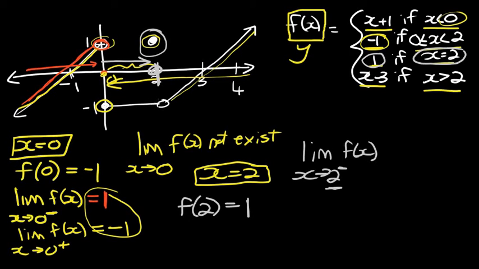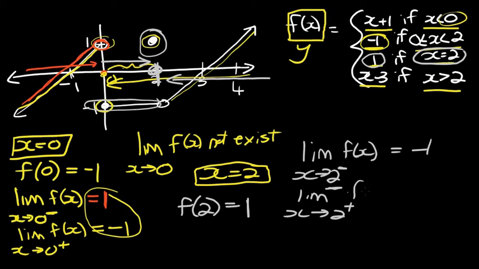Then the corresponding y value will be negative 1. And the limit as x tends to 2 from the positive side, what will that be? If you go from the right hand side and approach 2, then the corresponding y value is also negative 1.